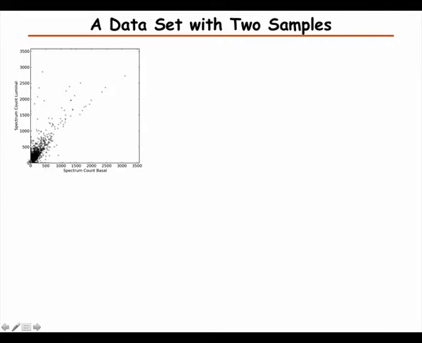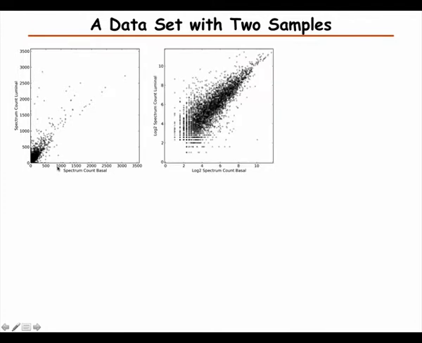Between the two samples there seems to be some correlation, but showing it on a linear scale is not as good as showing it on a log scale. So now we've simply taken the log 2 of the spectral count, and then we can see much more features.